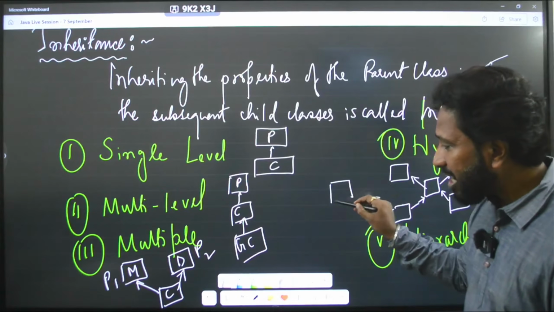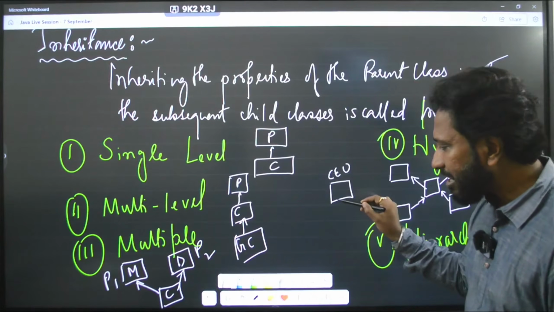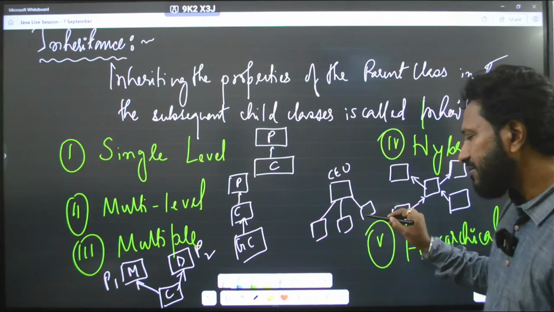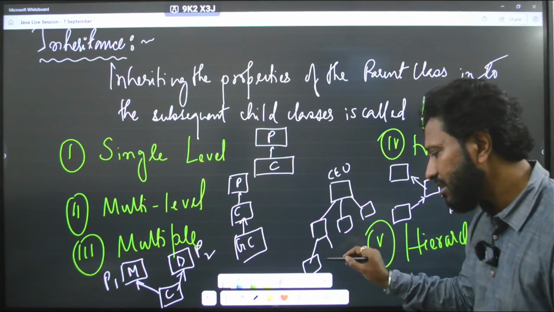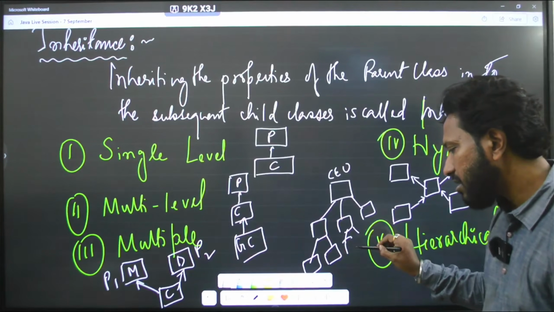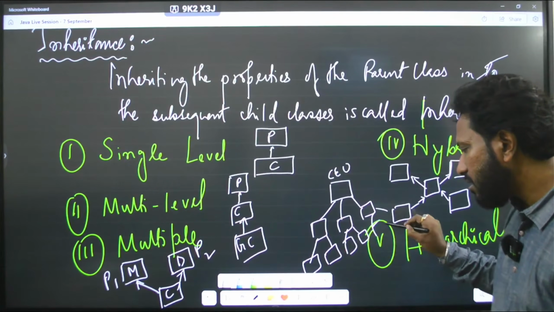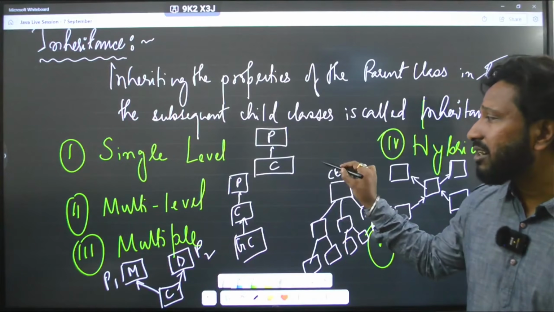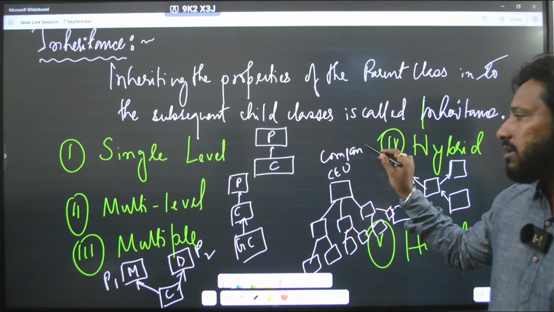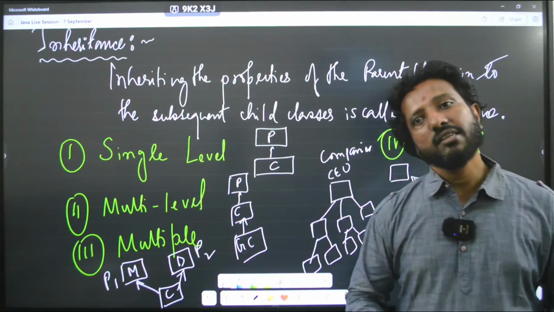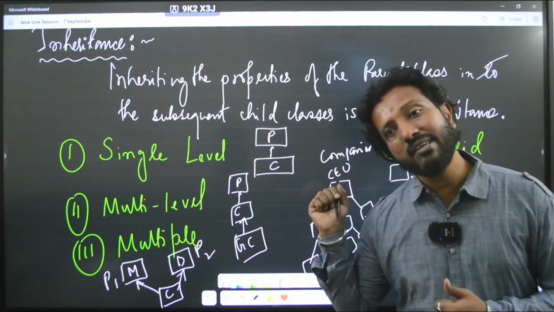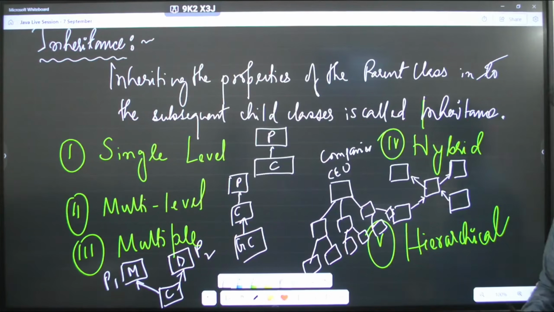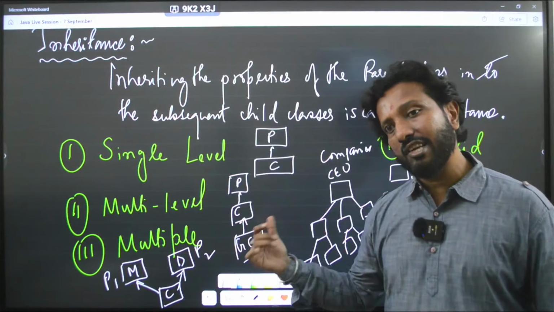We have the main owner or maybe the CEO, then we have the executive engineers or managers, then from the managers we have lots of employees, right? Something like this. This is followed in companies, for example. Understood? This is an example of hierarchical inheritance. Sorry, beg your pardon, this is hybrid. Understood? Make sure you write down diagrams so that you can understand the concepts.